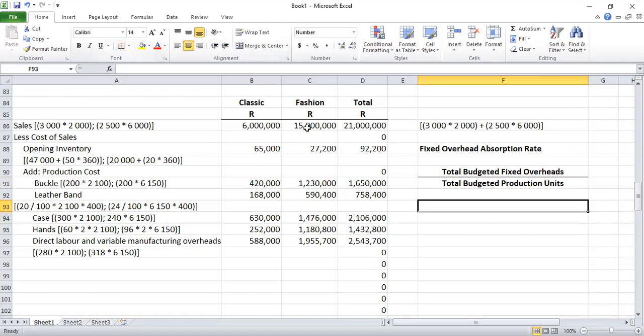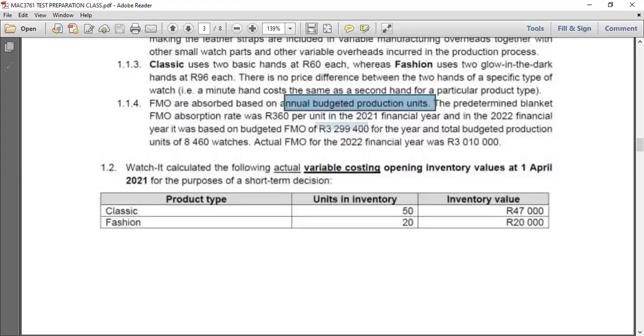We are given the total budgeted overhead. So we use the budgeted figures, even if we're doing an actual statement, please guys, unless told otherwise. So that will be the 3299400 and the 8460.